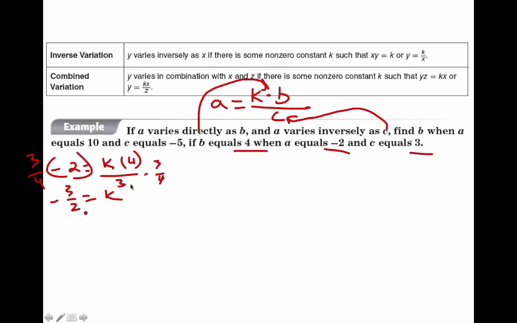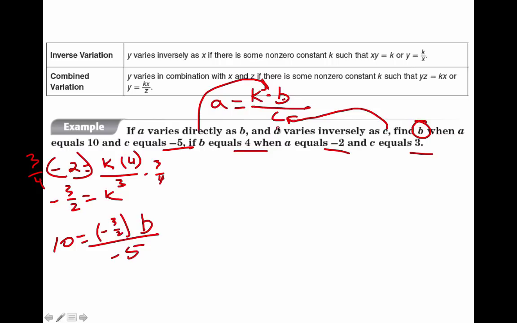I will use that K. Now I'm going to find B. I will use my K, plugging in -3/2. I'm looking for B. It says C is -5, and it says A was 10. So all I did was put the 10 in here and the -3/2 in there.